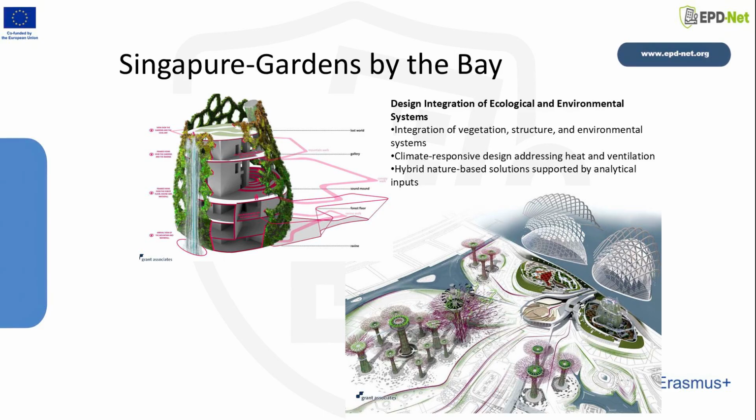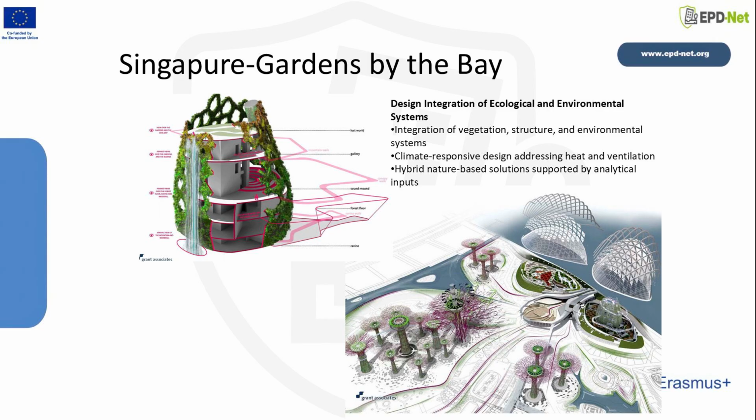In the Gardens by the Bay project, Geographic Information Systems, GIS, did not function as a tool for direct formal design production. Rather, they established the analytical foundation upon which design decisions were based. Given the location, scale, and environmental context of the project area, spatial decisions required the integrated evaluation of multiple environmental and urban datasets.